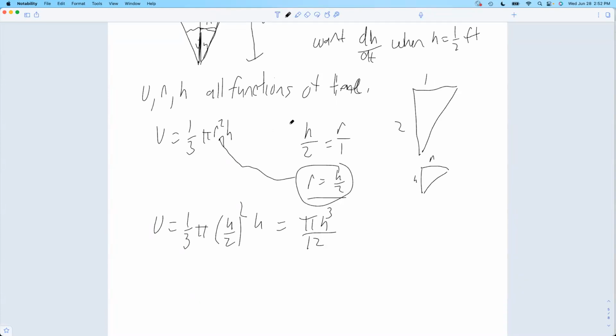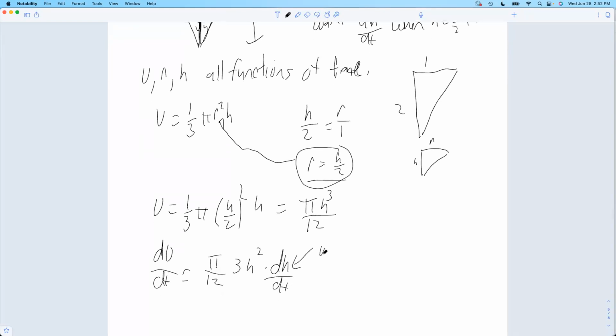Keeping in mind that both of those really depend on time. Then dV/dt, taking the derivative of both sides with respect to time. The pi over 12 comes along for the ride. Derivative of junk cubed is 3 times junk squared times the derivative of the inside. The derivative of h with respect to time, we write dh/dt. That's who I want. That was my goal.